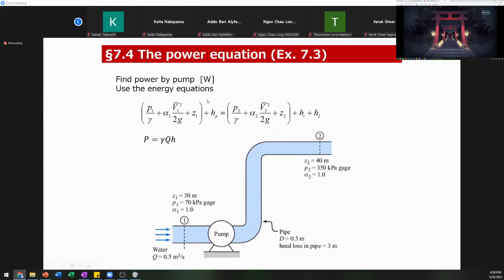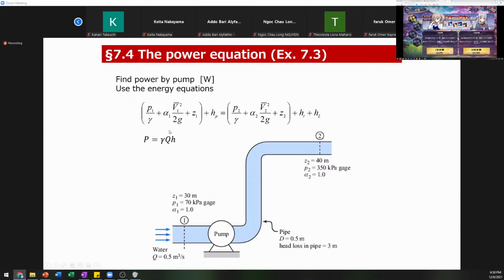Use the energy equations: P over gamma plus velocity term and also potential plus pump head is equal to the pressure, velocity, and potential, plus turbine head. There is no turbine here, plus loss of head.